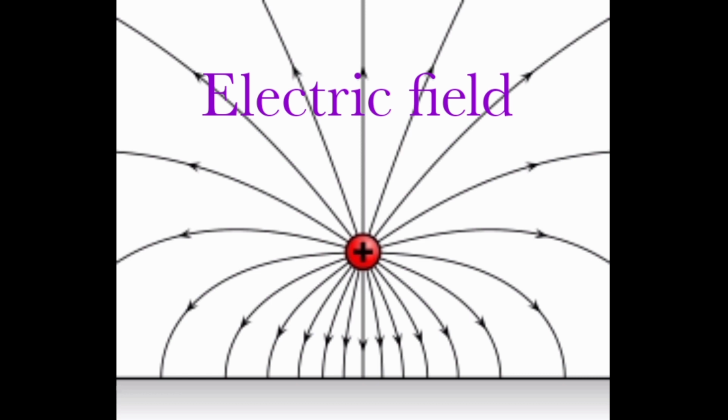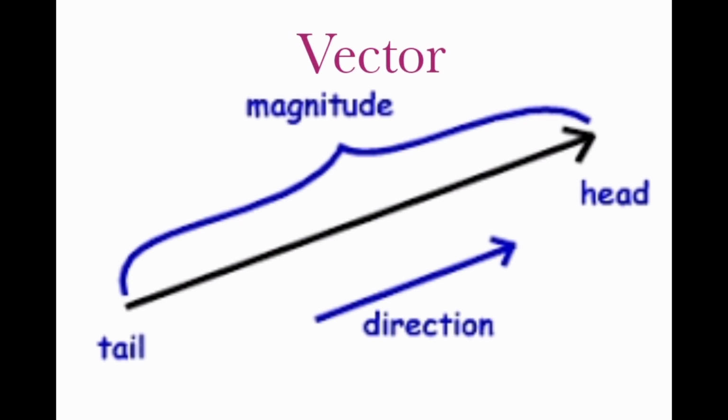Now a normal field is a vector. So what does vector mean? The physical quantities are divided into two categories. One is vector and one is scalar. Vector means a quantity that denotes the numerical value, which we learnt as magnitude in the previous video, and a specific direction.